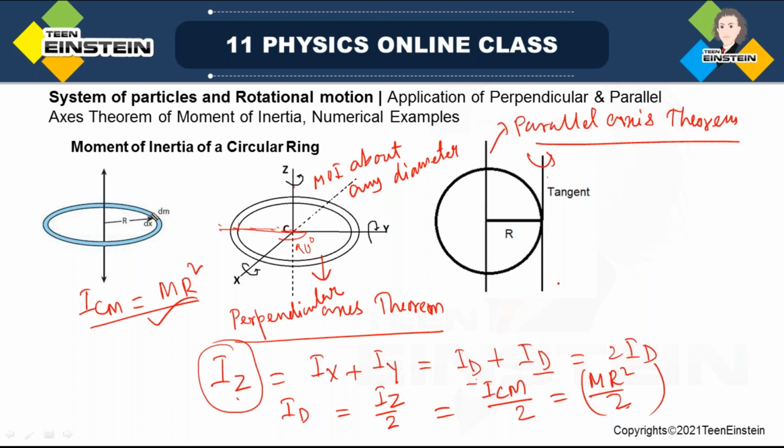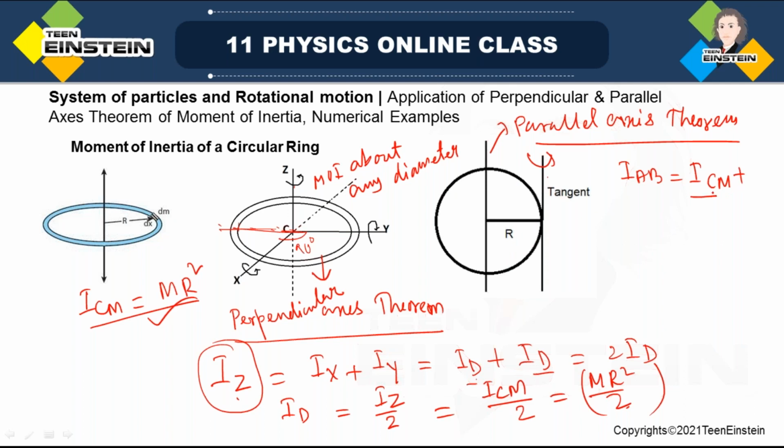Here you can use the parallel axis theorem. In the parallel axis theorem, what we have learned is that about any axis AB you can calculate the moment of inertia if you know the moment of inertia about the center of mass and the distance. This tangent is perpendicular to the plane of the ring.